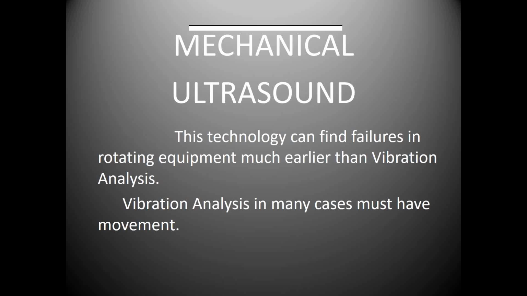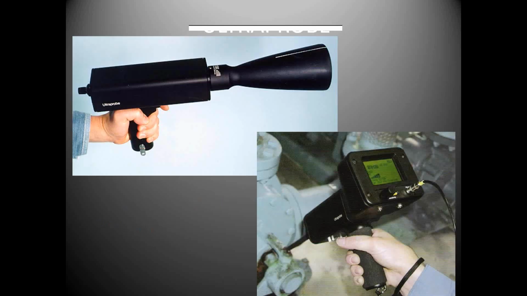This technology uses sound. As a bearing or component starts failing, it creates friction. It creates a sound that can't be heard with the human ear, but it can be heard with these high frequency sound detectors. If you look at the picture in the upper left-hand corner, here's a UE 9000. It has a probe on the front for finding air leaks, steam leaks, and gas leaks in your plant.